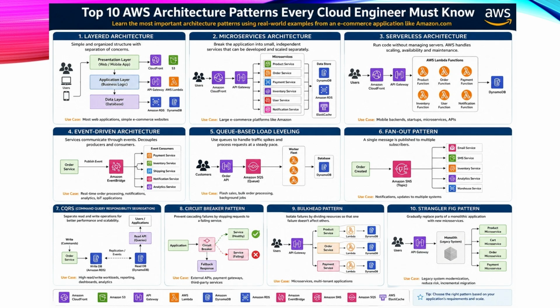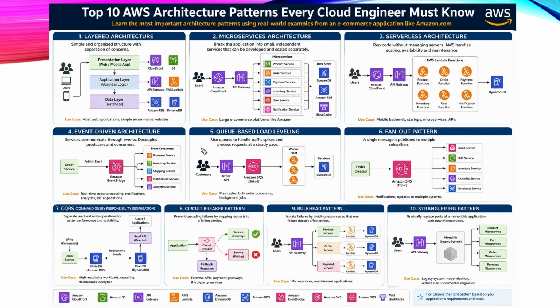Let's quickly recap our Amazon journey. We started with the layered architecture to build the applications. We used microservices to separate the business capabilities. Then we used serverless to handle event-based execution. Then we had event-driven architecture to connect different microservices.